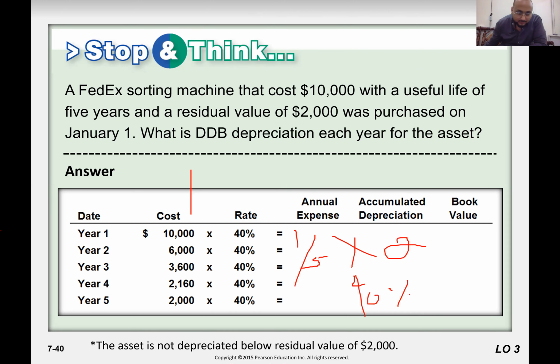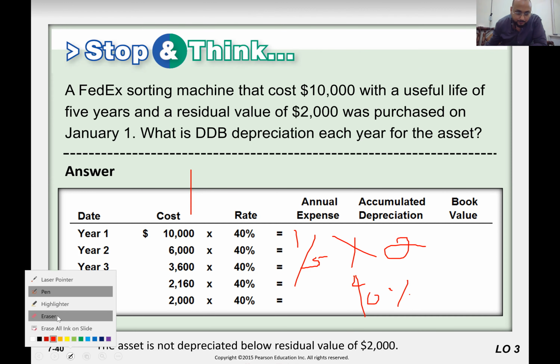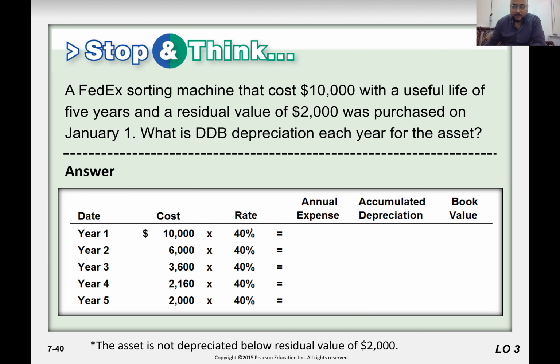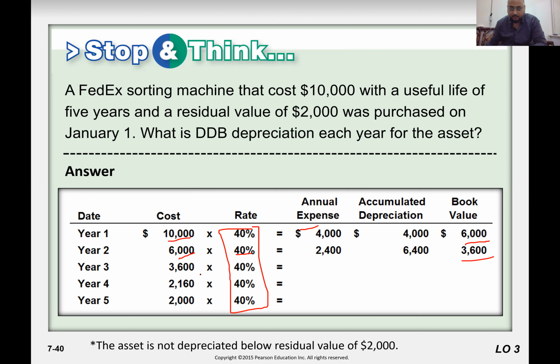So let me clear this mess and see the answer here. So that's why it is 40%. So 40% of 10,000, answer would be 4,000. We have a book value of 6,000. So 6,000 is coming here as the cost. Right? So 6,000 multiplied by 40%, answer would be 2,400. Book value is 3,600. 3,600 multiplied by 40%, answer is 1,440, and we have 2,160.